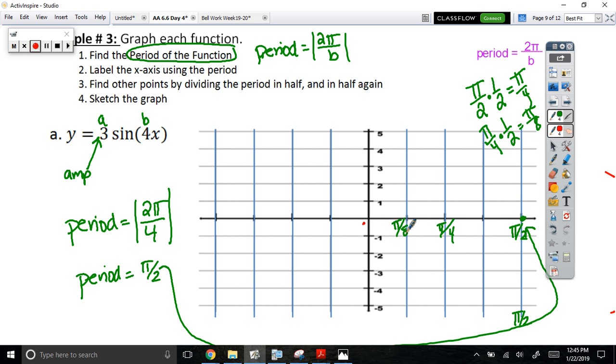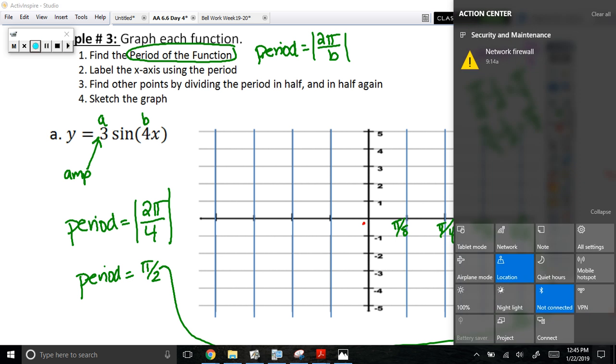Now let's see if this makes sense. 1 pi eighths, 2 pi eighths. Does 2 pi eighths reduce to pi fourths? Yeah. Okay, the next one would then be 3 pi eighths. And the last one would be 4 pi eighths. We agree 4 pi eighths is the same thing as pi halves. 4 eighths is 1/2.